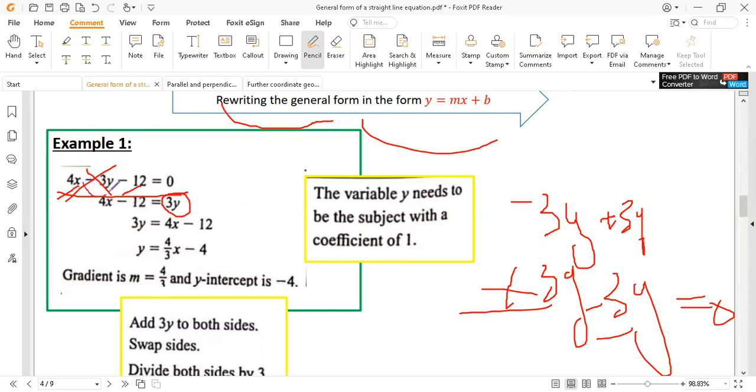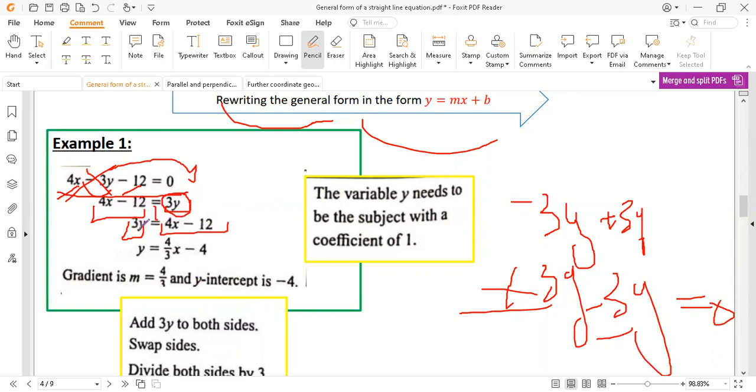Or we move minus 3y, when moving it, we have the opposite of it, so plus 3y. So normally, these equal to this part. So we can say A equal to B, we can say B equal to A. So 3y equal to 4x minus 12.